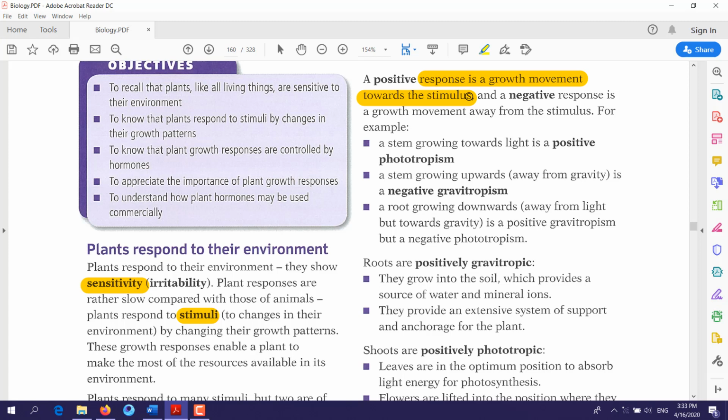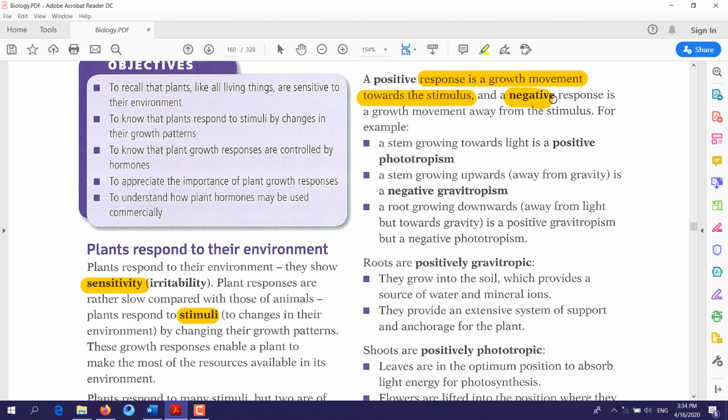For example, if a part of a plant grows toward the sunlight, the stimulus here is light, so it's phototropism. And the part is growing toward the light, so here we say this is positive phototropism.